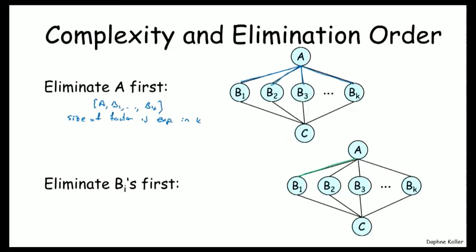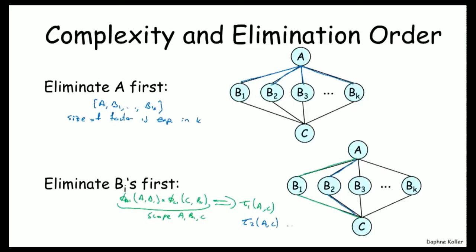Well, B1 is in a factor with A and in a factor with C. So we're going to end up with a product of, say, phi A1 of A comma B1 times phi C1 of C comma B1, and that's going to give me a factor whose scope is A, B1, and C. And the result of summing out B1 is going to be a factor tau 1 of A and C. We're going to get the exact same behavior when we now eliminate B2, and that's going to give me a factor tau 2 of A and C, and so on and so forth, until at the very end I'm going to have a bunch of factors tau I of A and C that are all multiplied together. And I've done this without ever generating a factor whose size is bigger than 3.